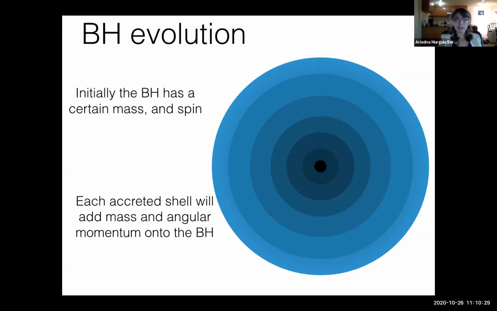Now, this is a formalism done by my collaborators Aldo Batta and Enrico, where it is easier to understand how the black hole evolves if we divide this helium core in shells, and each shell is going to be accreted onto the black hole. Each of the accreted shells will add a certain mass and certain angular momentum to the black hole, and this is all self-consistent.